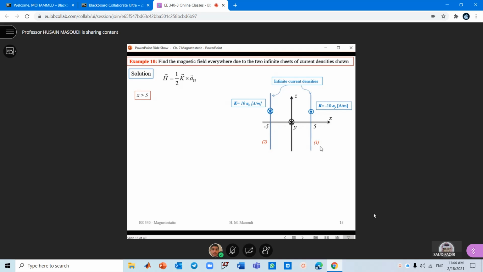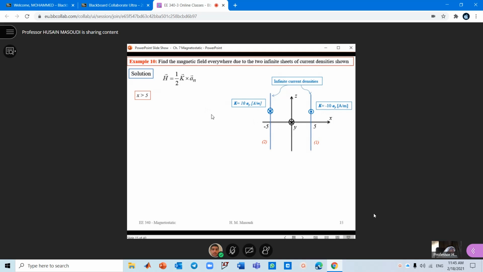No, on the left side, sorry. We're talking X greater than 5. So we're measuring here. Remember, we're measuring at this point, for example. Okay, we take 10 over 2, AY cross AX, minus 10 AY cross AX.